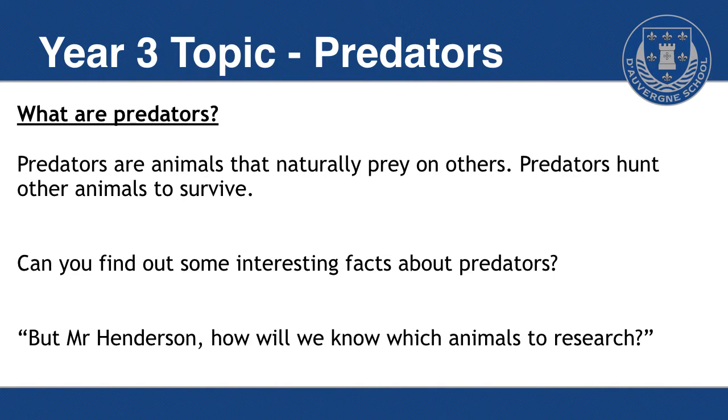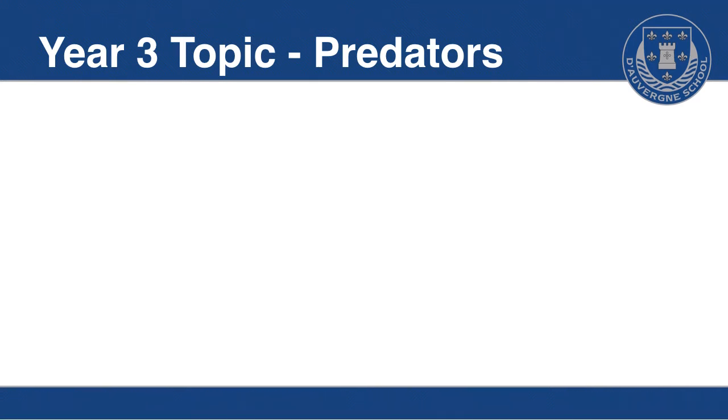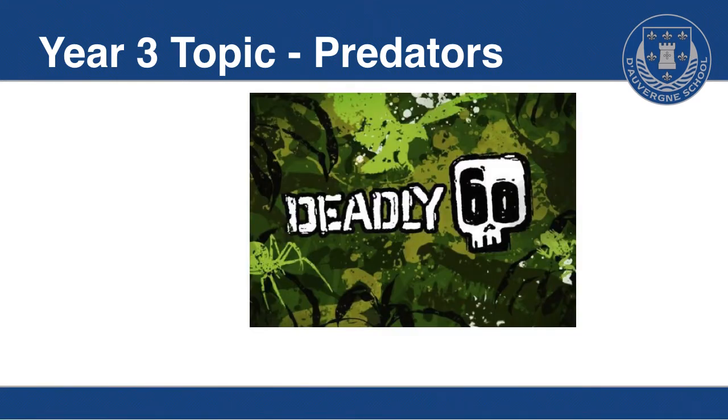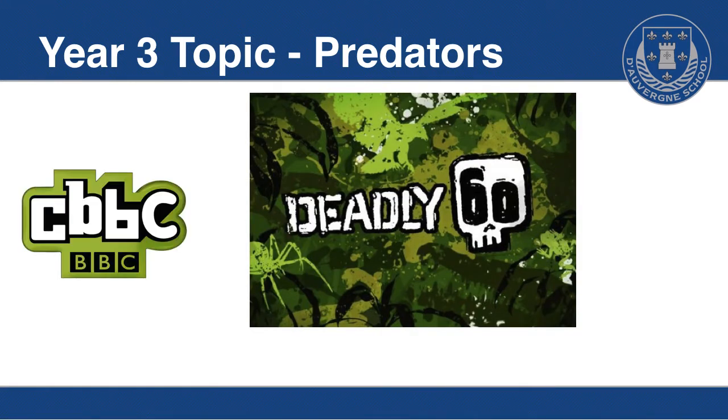Well, what do I hear you say? But Mr. Henderson, how will I know which animals to research? Well, the answer to that question is going to be the Deadly 60. The Deadly 60 was a program, for those of you who don't know, on CBBC, and it showed you all about deadly animals.